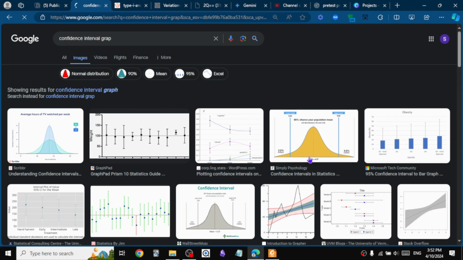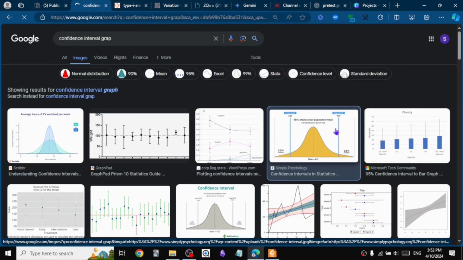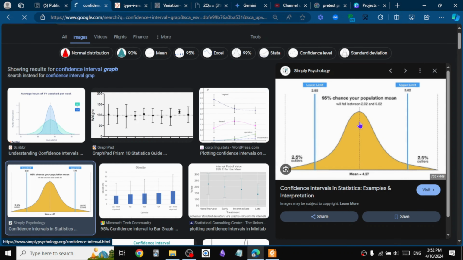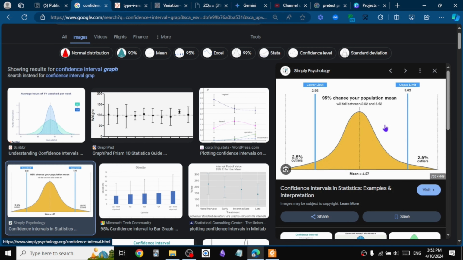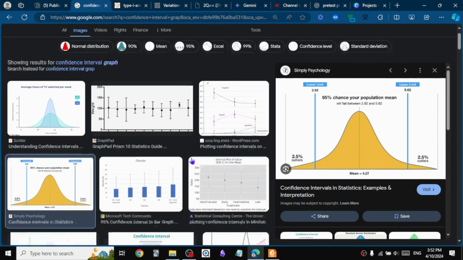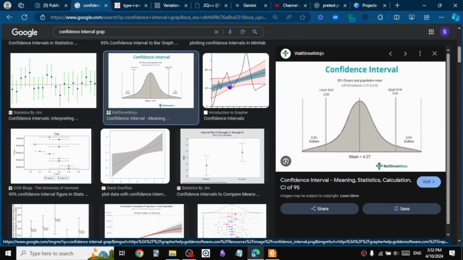It's not actually measured within the null hypothesis graph. That was a different graph, but it's measured like this. This is like a two-tailed one, where you have two tails.